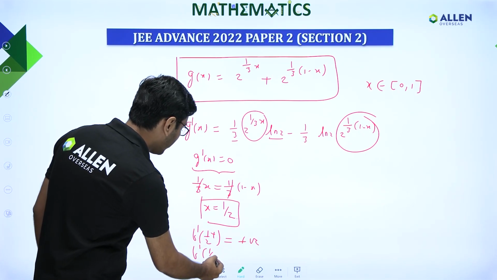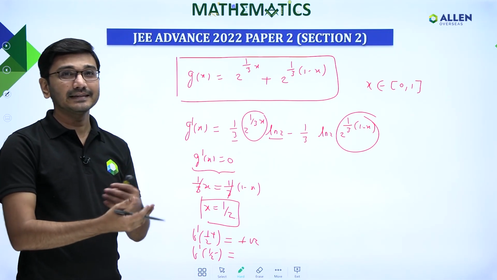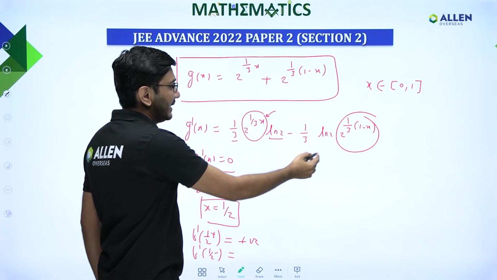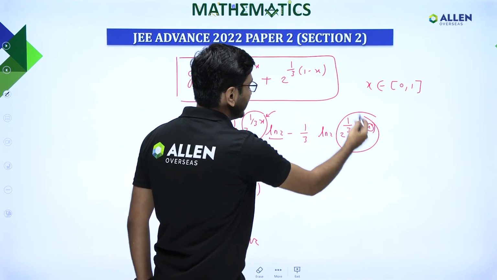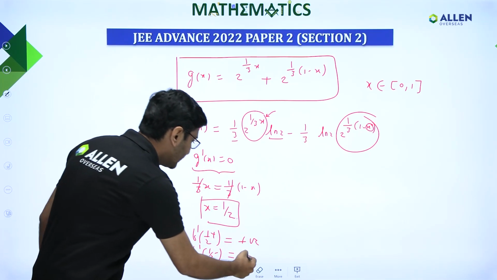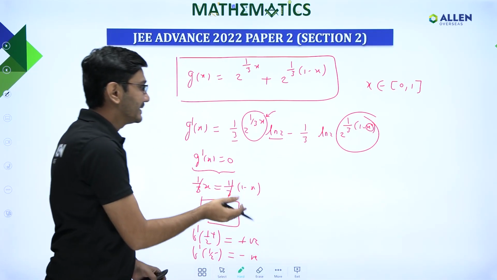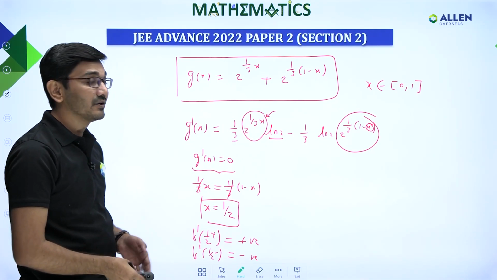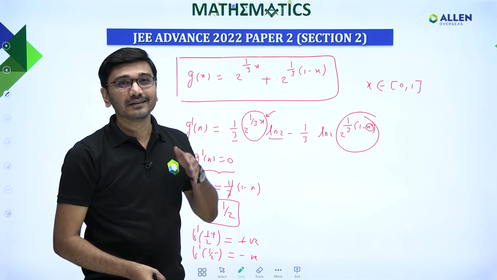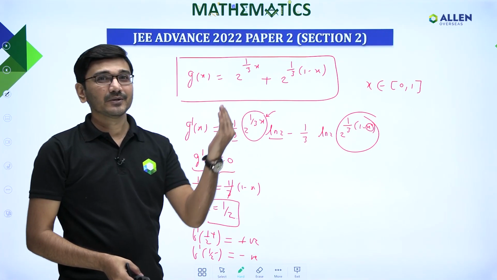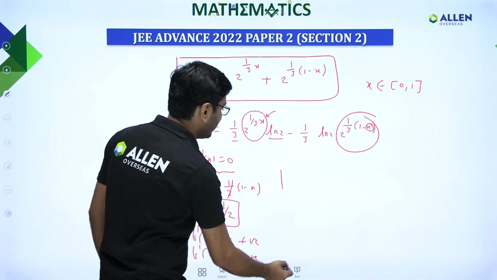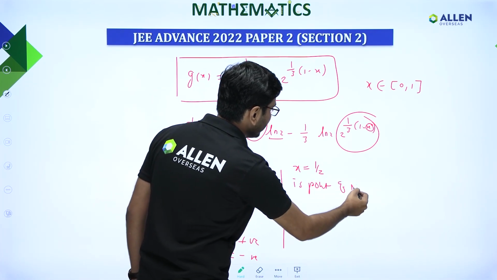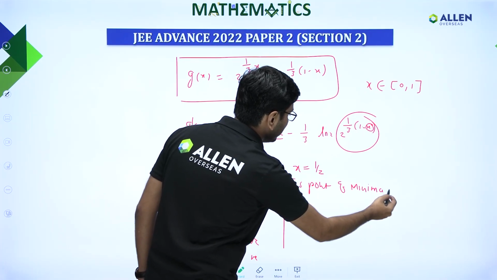And for g dash at 1/2 minus, meaning the derivative when x is a little less than 1/2, this value will be lesser because we are decreasing x, and as x is lesser this other value will increase, so now we will get the derivative as negative, because the term with the minus sign is increasing and the term with the positive sign is decreasing. So, on the left of 1/2 we are getting the derivative negative, meaning the curve is going down, and then on the right of 1/2 the curve is going up. So, x equal to 1/2 is definitely a point of minima.